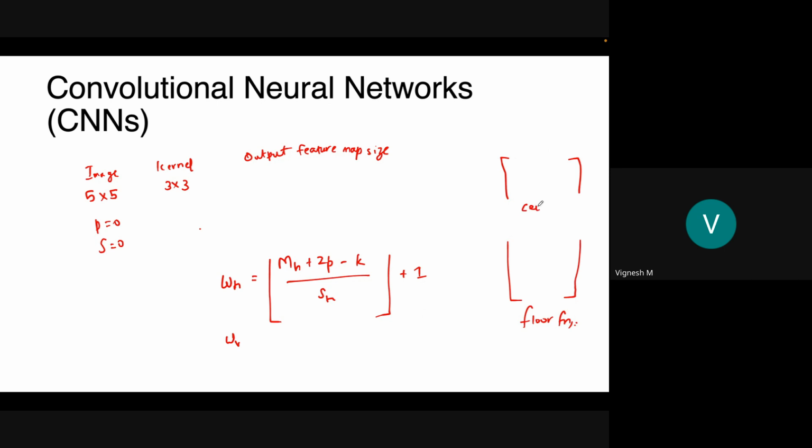So what do you do when you have a floor function? If you get a floating point number, what do you do with it? You round it to the previous integer. If it's 2.35, then it's rounded to 2. So you round down, and in this case, you round up.